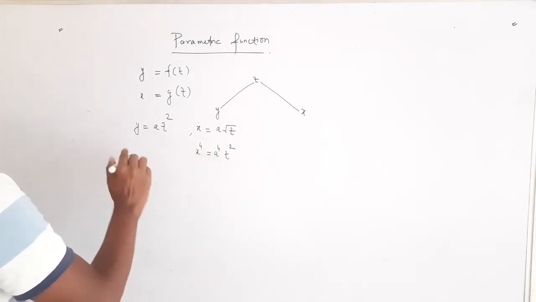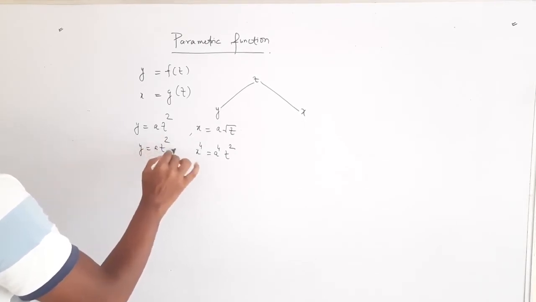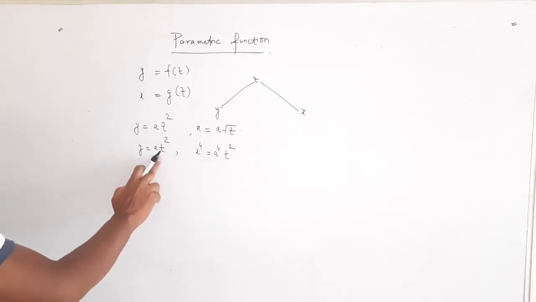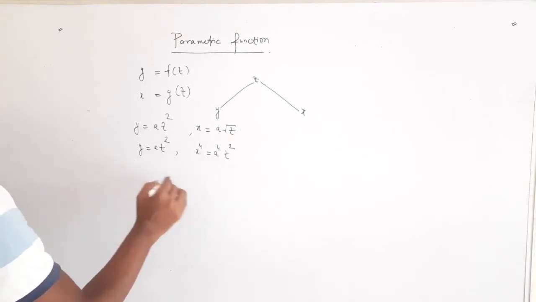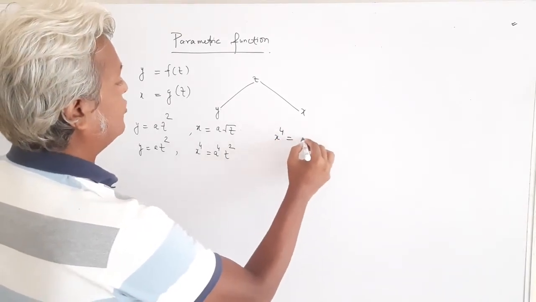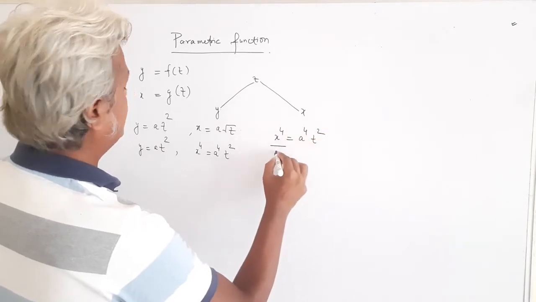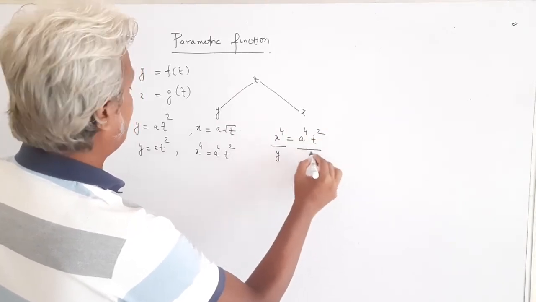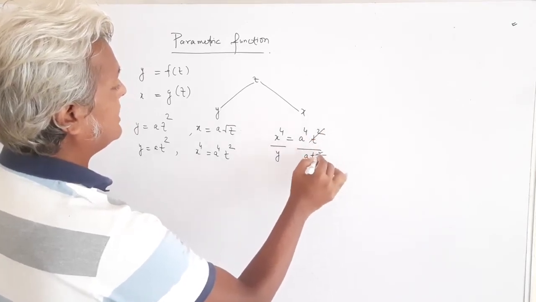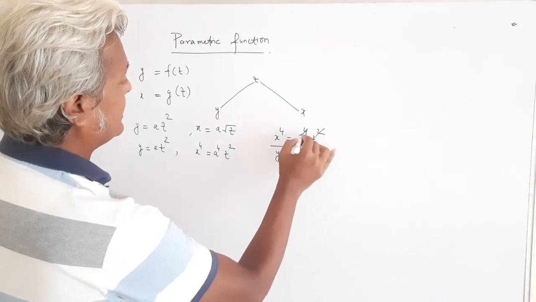And now y equals a t square. You can divide this equation by this equation just to get rid of this t square. So x to the power 4 over y is a to the power 4 t square over a t square. So t square cancels, and a to the 4 over a will become a cube.